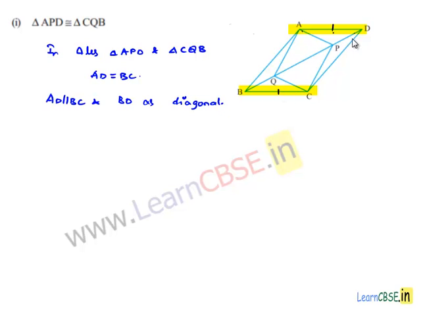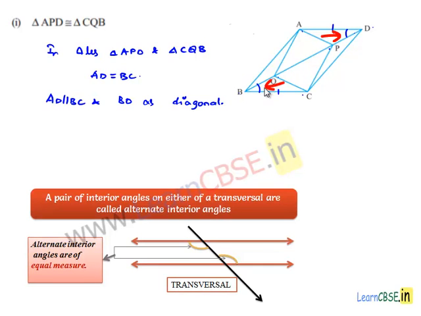Then we get angle ADP is equal to angle QBC, as AD is parallel to BC and BD is diagonal or transversal. We can say the alternate interior angles about the transversal will be equal. So we can say angle ADP is equal to angle QBC, as they are alternate interior angles.